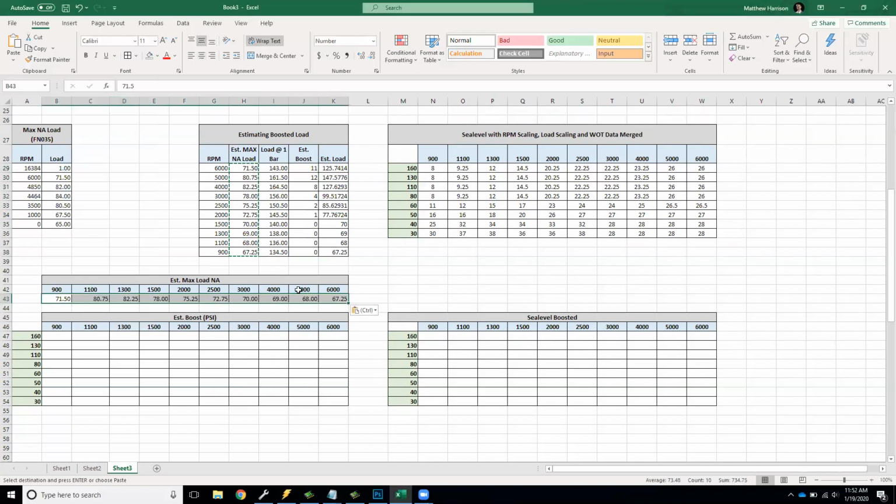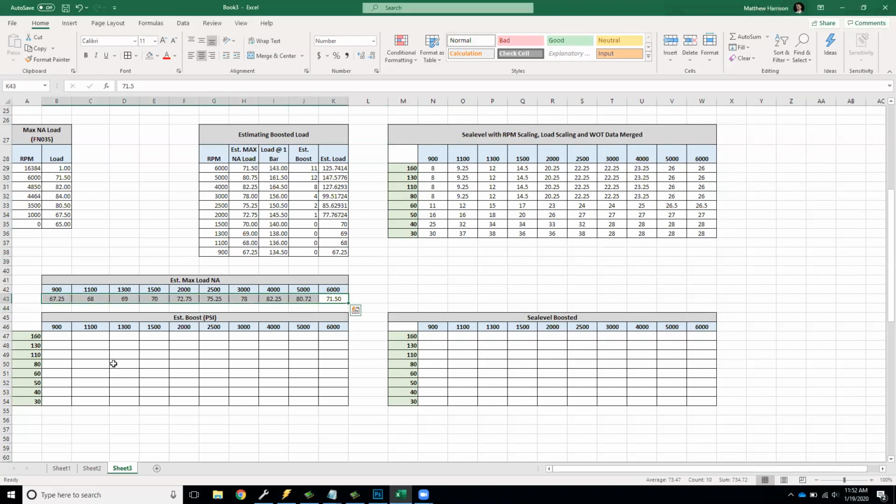And it reversed it. Okay. No, I was trying to be lazy. That didn't work. I'm not super good with Excel. I'm okay with Excel. So 68, 69, 70, 72.75, 75.25, 78, 82.25, 80.75, and 7150. Okay. So that's the maximum load that we can achieve in A.